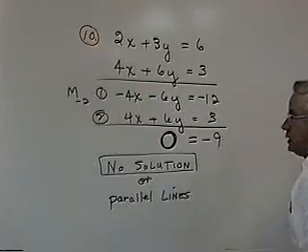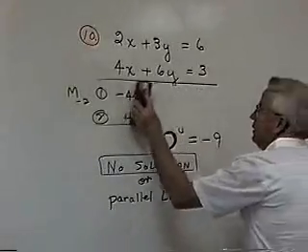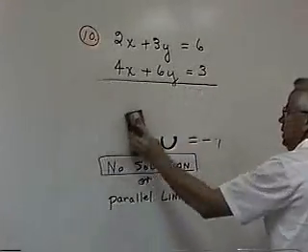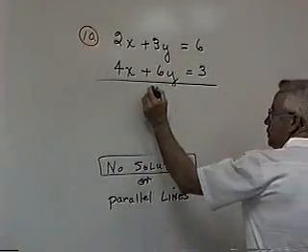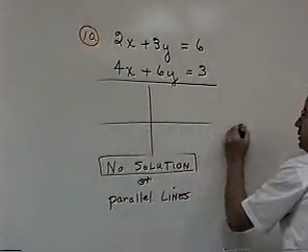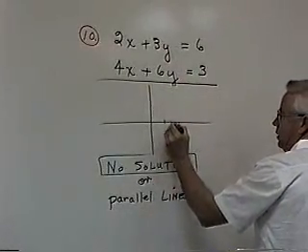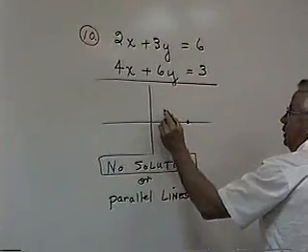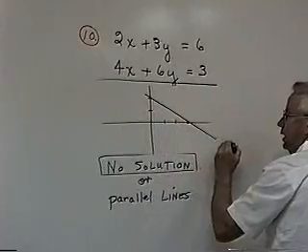All right, let's now look at the same problem again and see why it's no solution or parallel lines. If we were to graph this, if I put my hand over the y, x is equal to 3. If I put my hand over the x, y is equal to 2. All right, so I get that line.